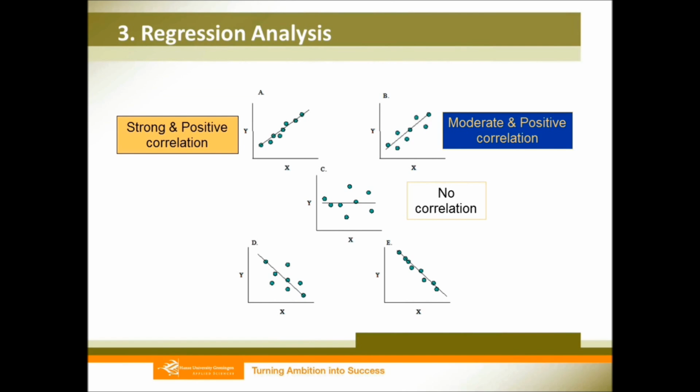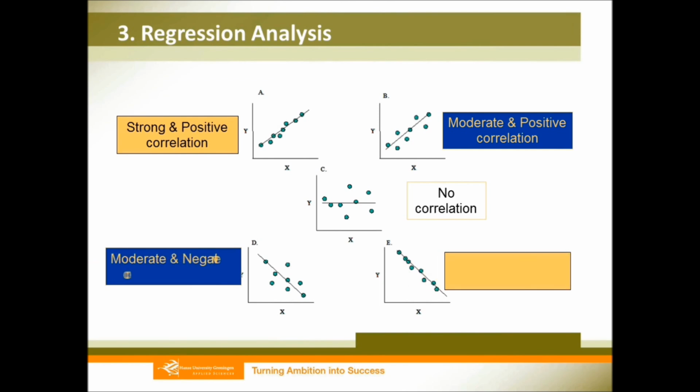So we say that in figure A, there is a strong and positive correlation between x and y variable, independent and dependent variables. While for figure B, there is a moderate and positive correlation between x and y. And you can use the same theory to interpret figures D and E.